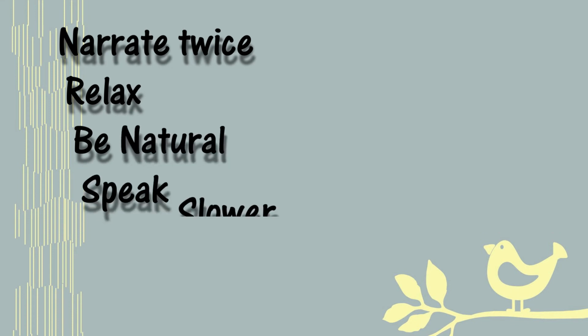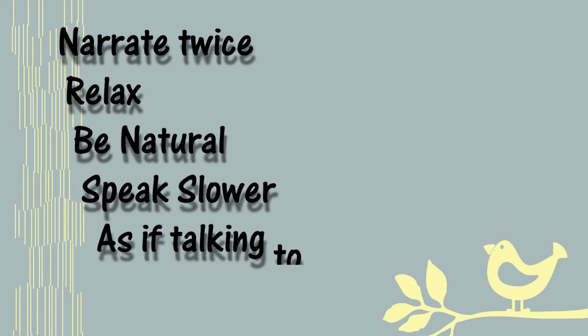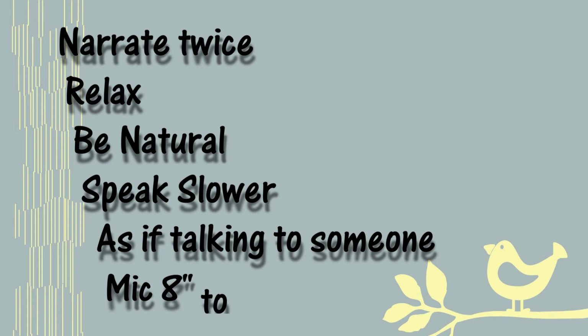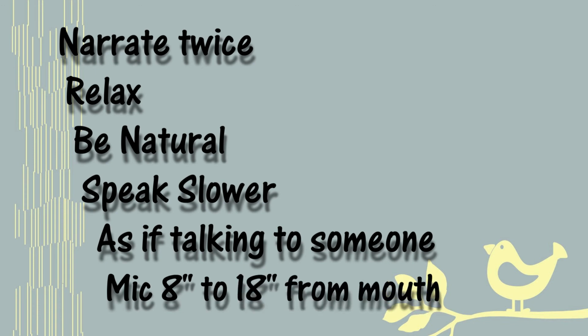And I would suggest narrating twice. Relax, be natural, speak slower, speak as if you're talking to someone, and then have your microphone about 8 to 18 inches, somewhere between there, away from your mouth.